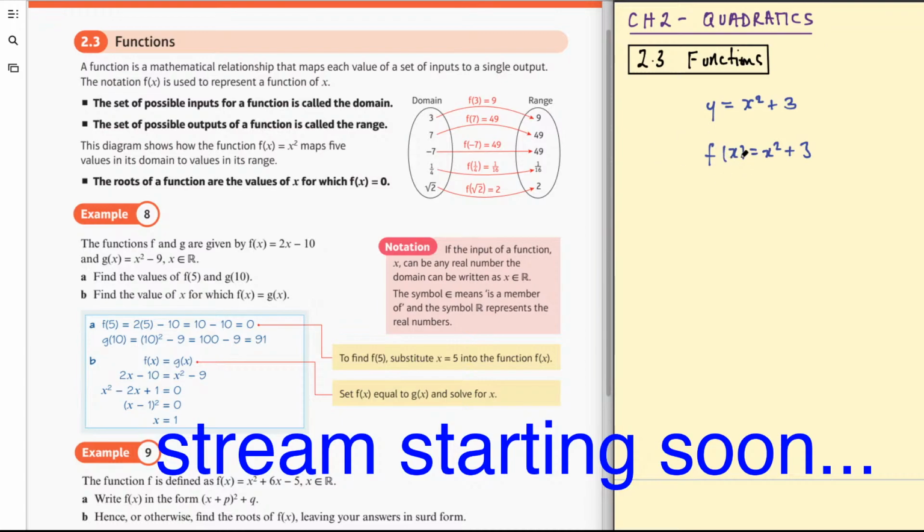Now this gives us a way of talking about this operation x squared plus 3 in terms of the input. So you'll notice here, if I say y, I can't do anything to that input. I just have y. But if I say f of x, I can change the input. So I can say then, well, what if we want f of x plus 2?